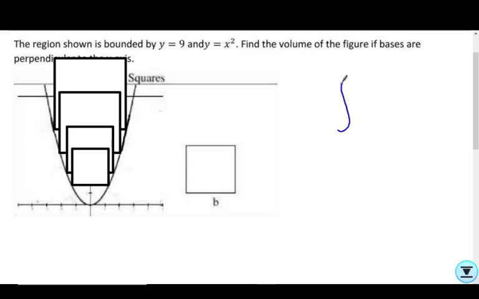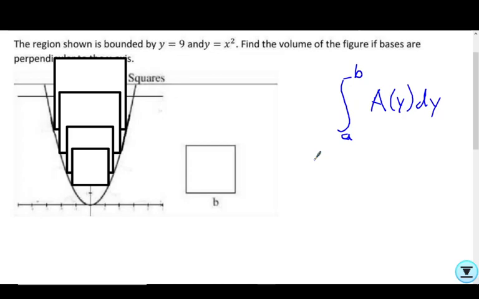The integral from a to b of A(y) dy. Hold on, my pen's not working. I think it's running out of ink. So we know we're using this equation right here. Okay?